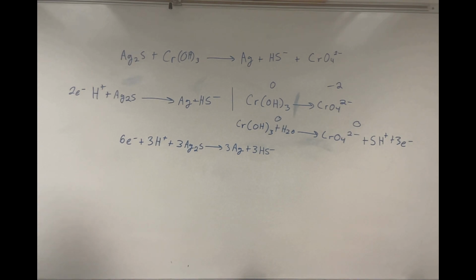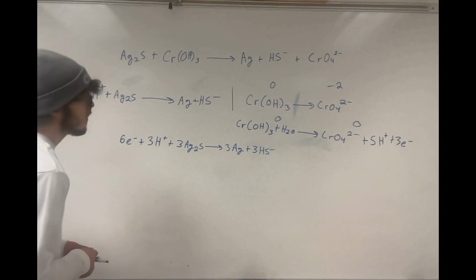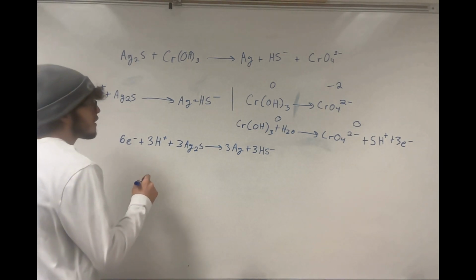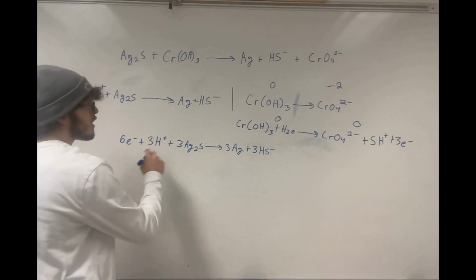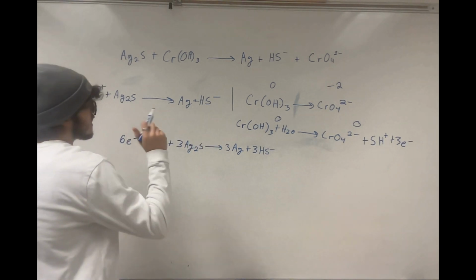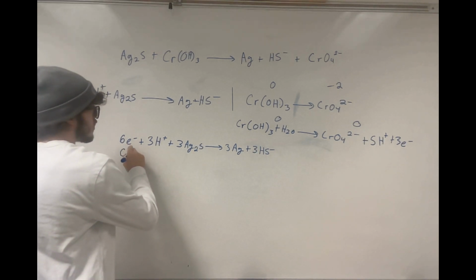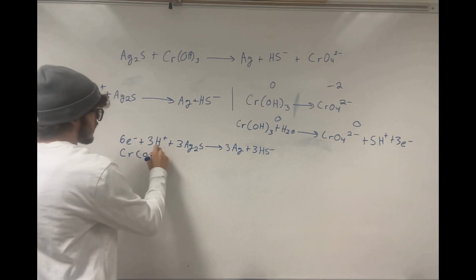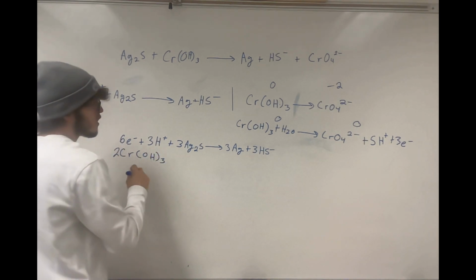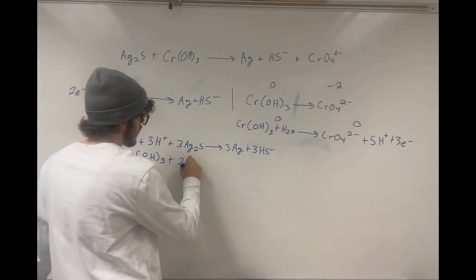Now we have to do the chromium hydroxide, and we need to multiply. If that has 3 and we want to get it to 6 electrons, we have to multiply everything by 2. So this is chromium hydroxide with a coefficient of 2 plus 2 waters.